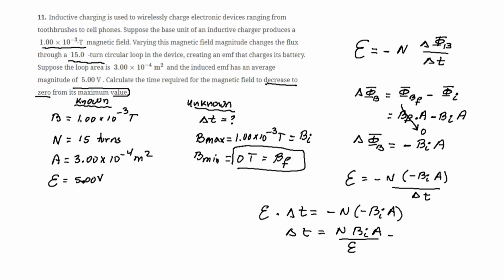So this would be 15 turns times the initial magnetic field, which is B maximum, 1.00 times 10 to the negative 3 Tesla, times the area, 3.00 times 10 to the negative 4.